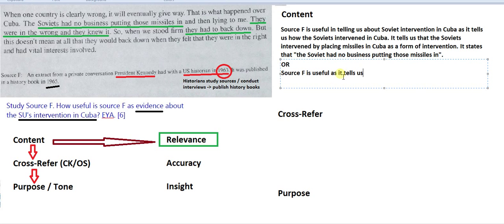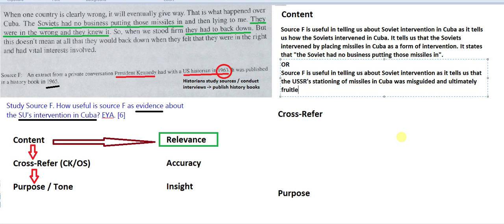You can say it's useful in telling us about Soviet intervention as it tells us that the USSR stationing of missiles in Cuba was misguided and ultimately unsuccessful, or I would say fruitless. Where do you get the evidence from over here?